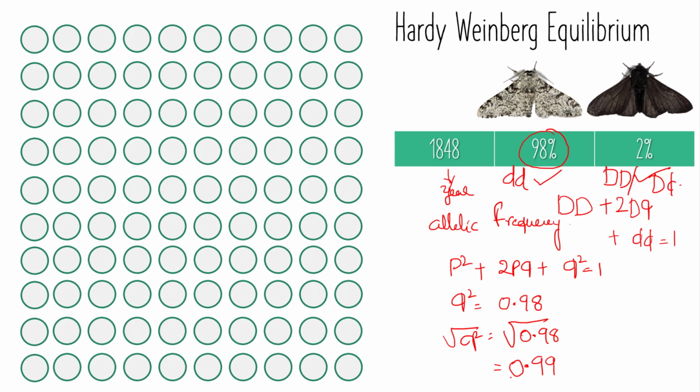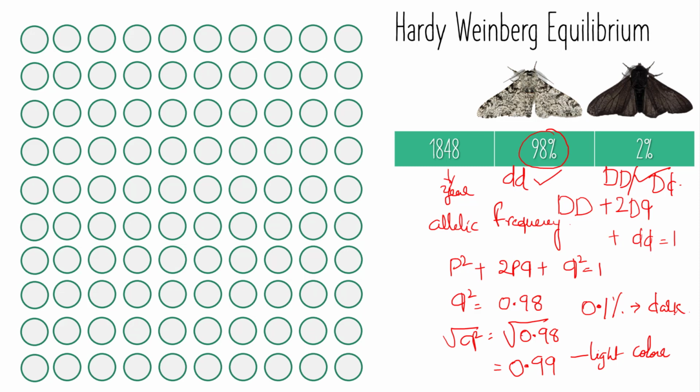So this very clearly denotes that 99% of the allelic frequencies in the population are of the light colored moth. Only 1% of the allelic frequency, that is 0.1, is of the dark color.